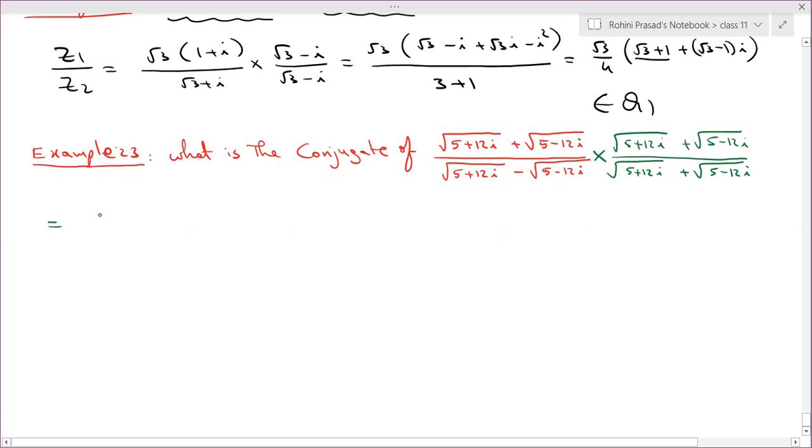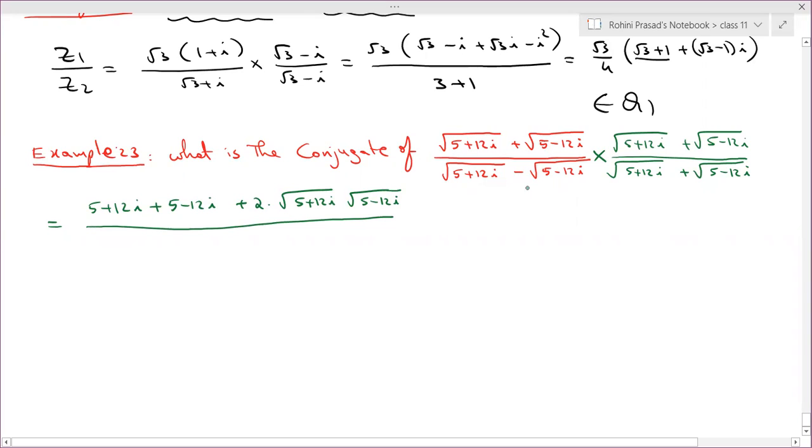And it is equal to, the numerator is a plus b whole square kind of thing: a square, 5 plus 12i, plus b square, 5 minus 12i, plus 2ab, 2 times root of 5 plus 12i into root of 5 minus 12i, the whole divided by a plus b into a minus b, which is a square minus b square: 5 plus 12i minus 5 minus 12i.